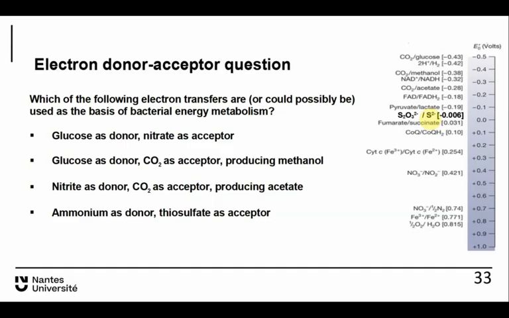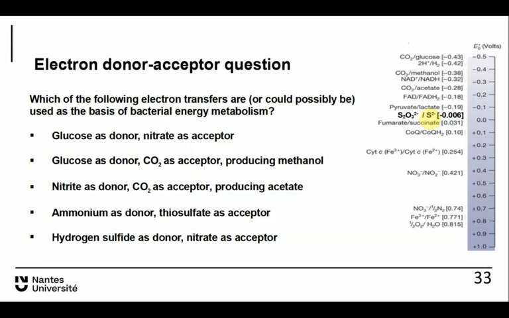So I'm saying this is going to work, and we have thiosulfate as the acceptor and nitrite as the donor. Would that work? No. But the other way around it works, right? Yeah, exactly. So that's how this stuff works.